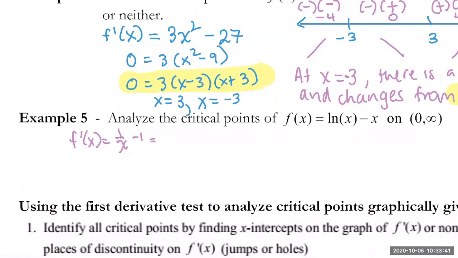And I will tell you there are 2 critical values. Whenever you have 2 fractions, always in your analysis, make sure you rewrite it as one fraction.